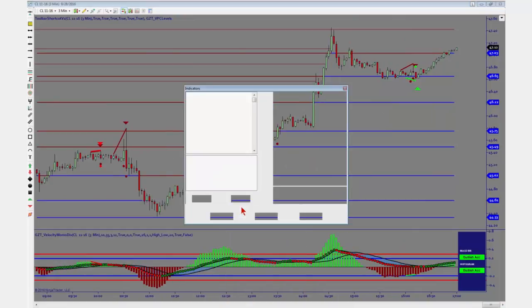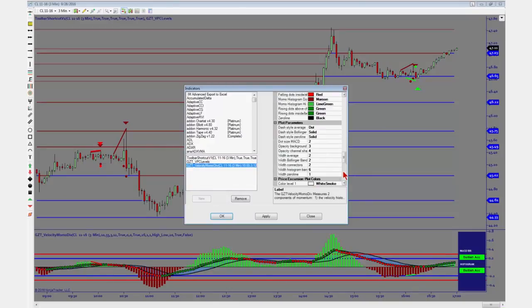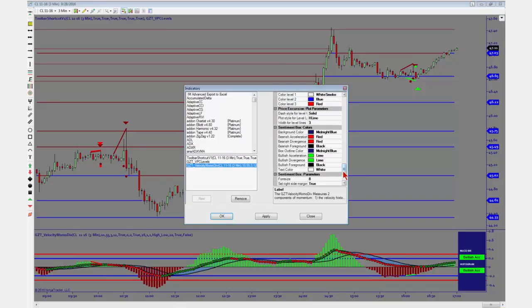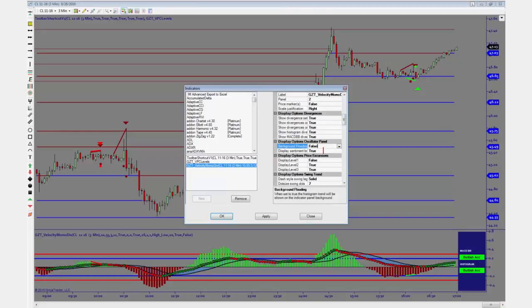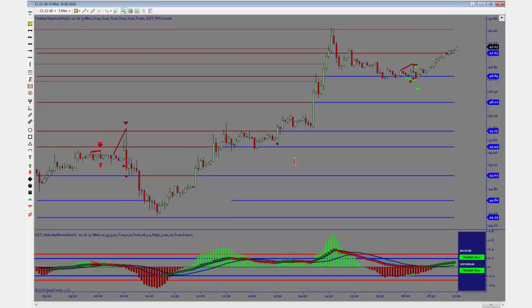Let me go in here and change something in the tool to facilitate the view. Background flooding. There we go.